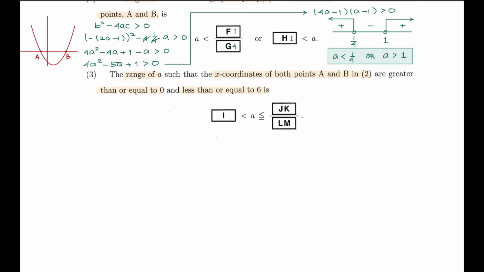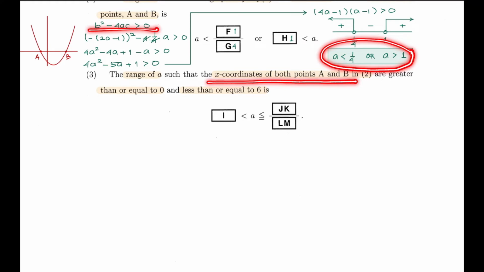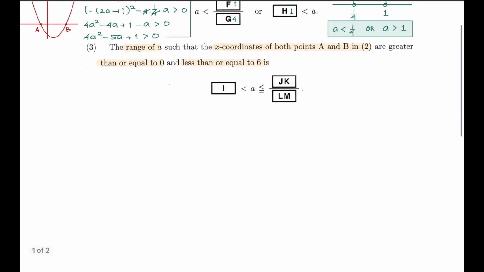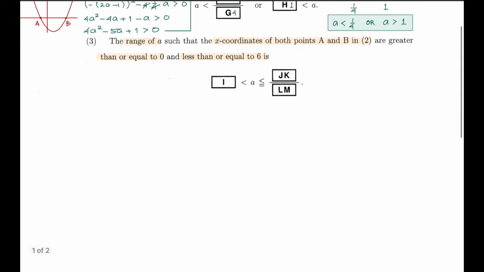The first condition, of course, since we have 2 points of intersection with the x-axis, is this. The discriminant must be greater than 0. So our first condition is a must be less than 1 over 4 or a must be greater than 1. This is the first condition.